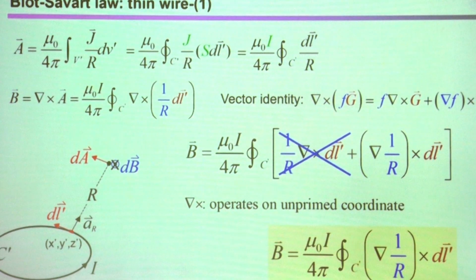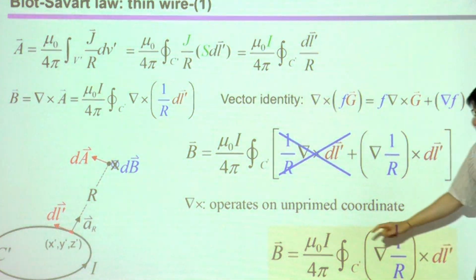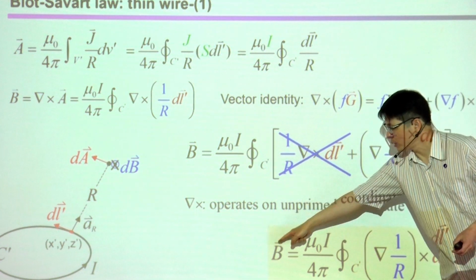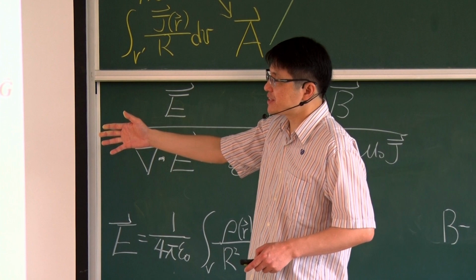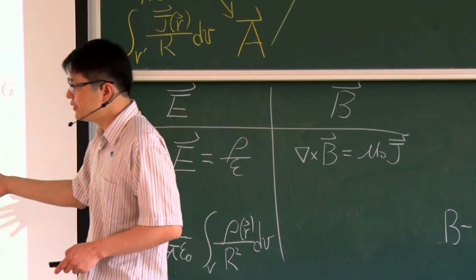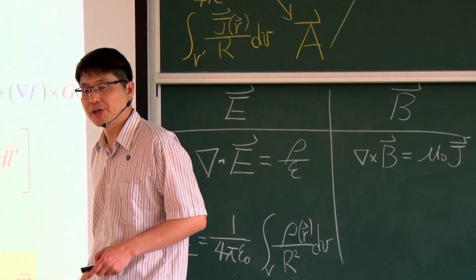So this is the direct way to knowing current arriving at B. But Biot and Savart do not earn their name by stopping here.